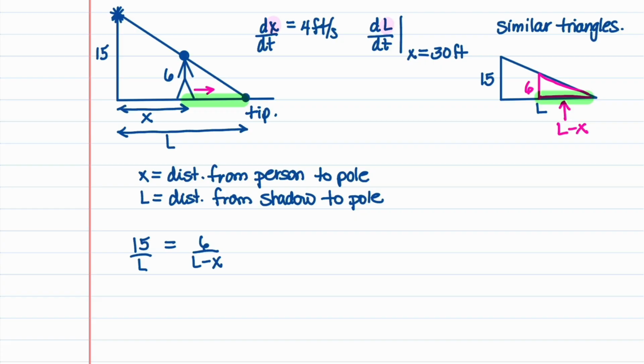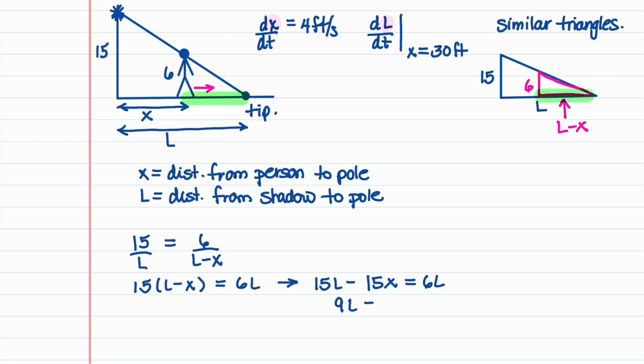Now what we're going to do is cross multiply. So we have 15 times (L minus x) is equal to 6L. So that is 15L minus 15x is equal to 6L. If we keep the L's on the left, we're going to have 15 minus 6, so that is 9L, and we get a 15x on the right.